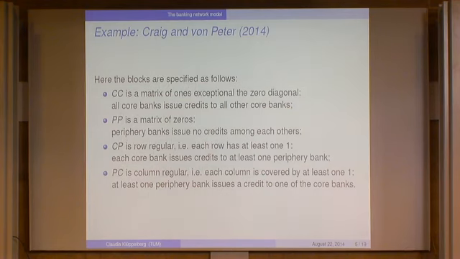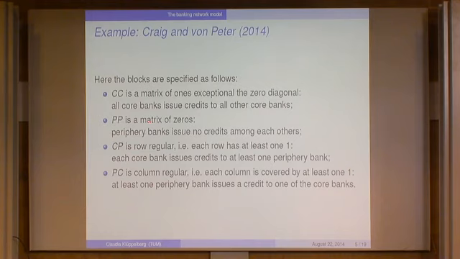Early on in this work, I was talking to Ben Craig from the German Central Bank, and they have a paper where they do exactly this. They somehow motivated our model, and they specified these blocks as follows. CC is a matrix of ones, except for the 0 diagonal, so all core banks issue credits to all other core banks.